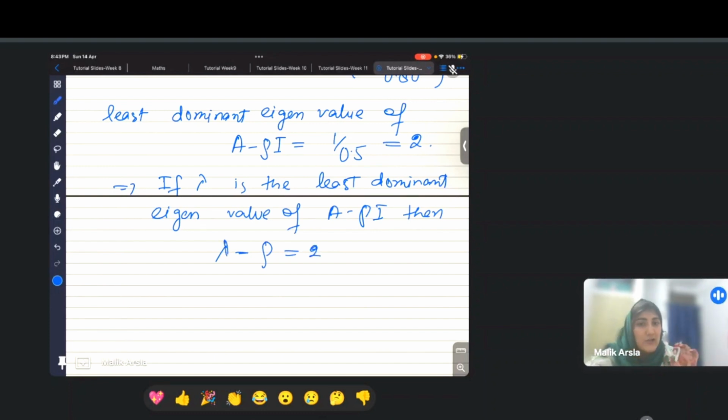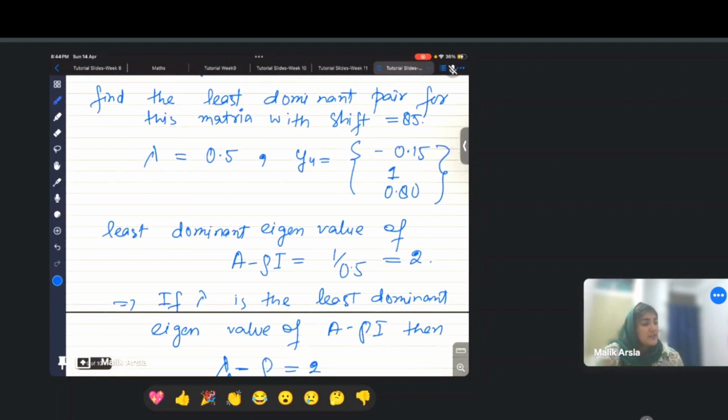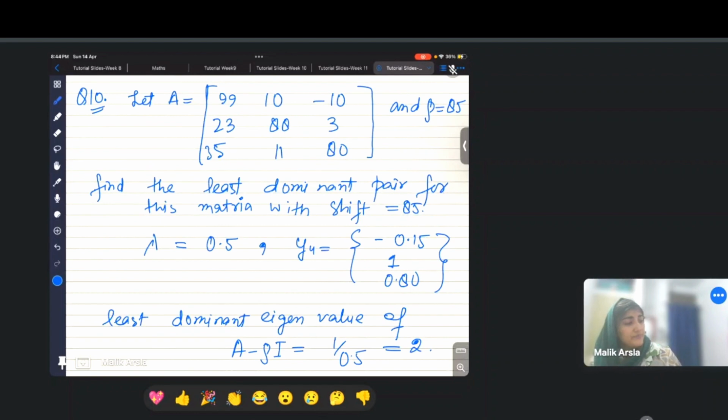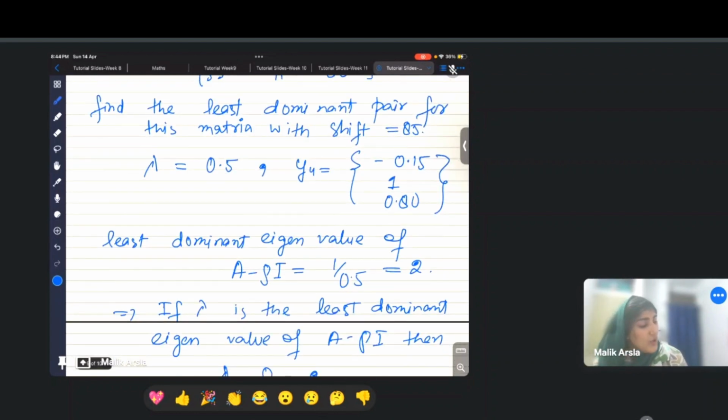You know that the eigenvalues also get shifted. What you are finding is for the shifted matrix. So lambda minus rho will be 2. So what will be lambda? I will write here lambda A. Okay. So lambda A will be 2 plus rho, which is 85. So 2 plus 85, which is equal to 87. Now for that shifted matrix, this 0.5 is your least dominant value, and this is the corresponding vector. But you have to find the least dominant pair for the matrix A. Okay.